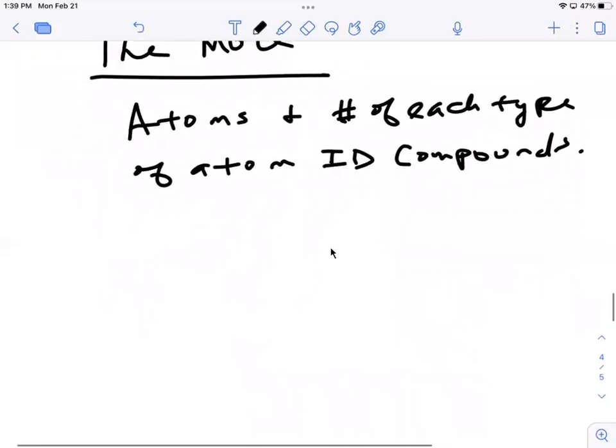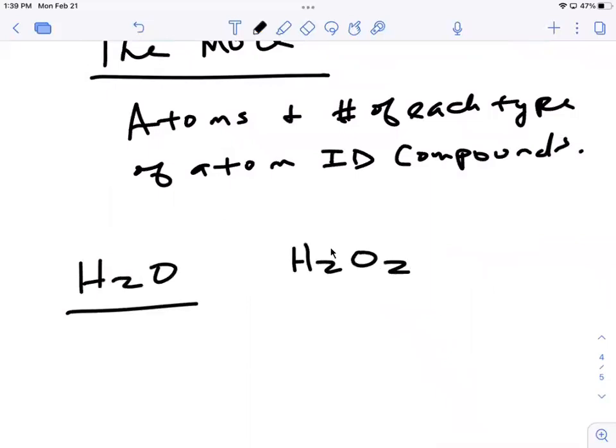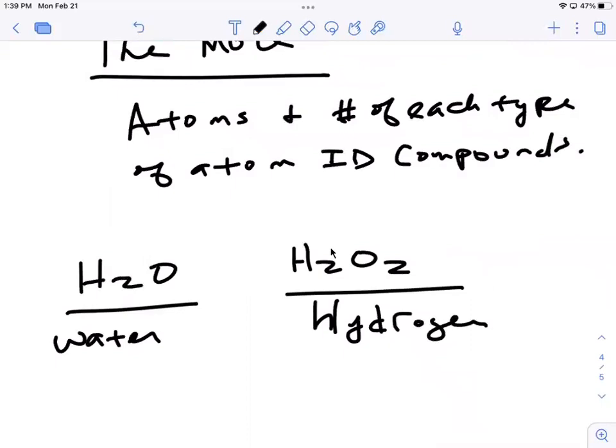All right. So you think about, and I did this morning, and I'll do it again here, right? This is water. This is hydrogen peroxide. Notice how they're made up of the same basic atoms, hydrogen and oxygen, but the ratios are different, right? H2O2 versus H2O1. Remember that if there's nothing here, it's understood to be one, right?